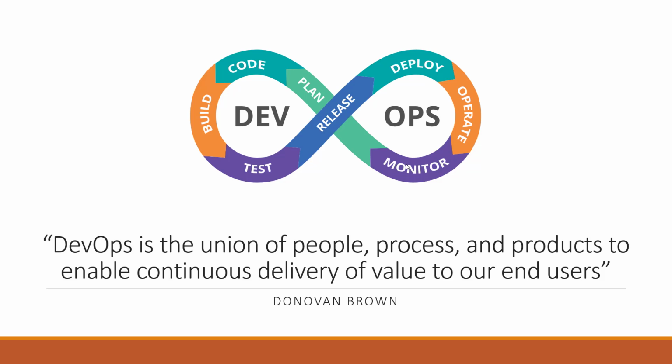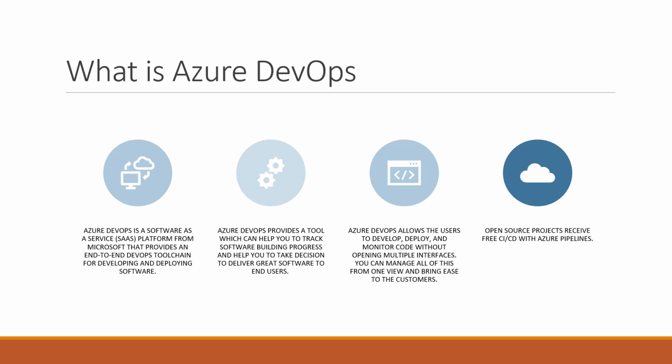After this definition of DevOps, let's see what Azure DevOps is and what benefits it provides. First of all, Azure DevOps is a software as a service platform from Microsoft that provides an end-to-end DevOps toolchain for developing and deploying software.